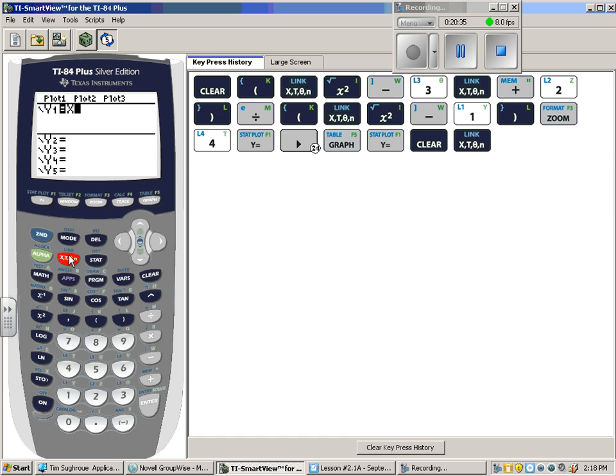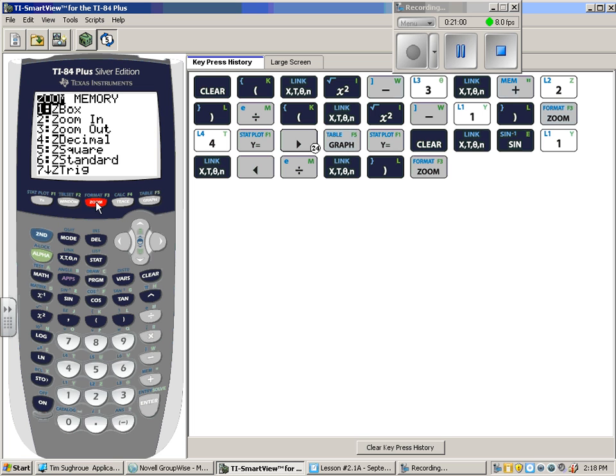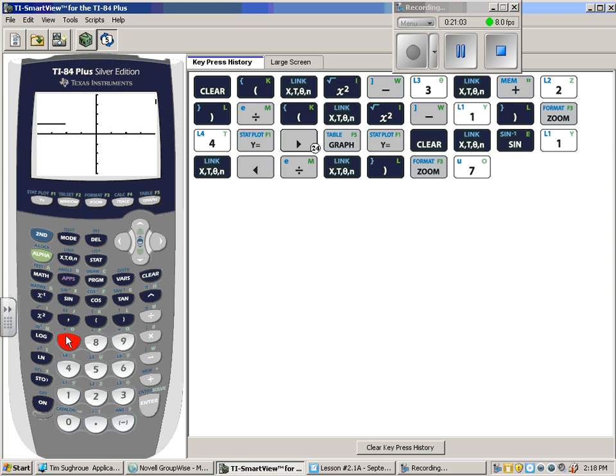The function is x sine of 1 divided by x, and we can graph this thing. Zoom 7 is a nice zoom for trig because it's zoom trig. All of a sudden we get around this x-axis here and it looks like it just kind of drops down and back.